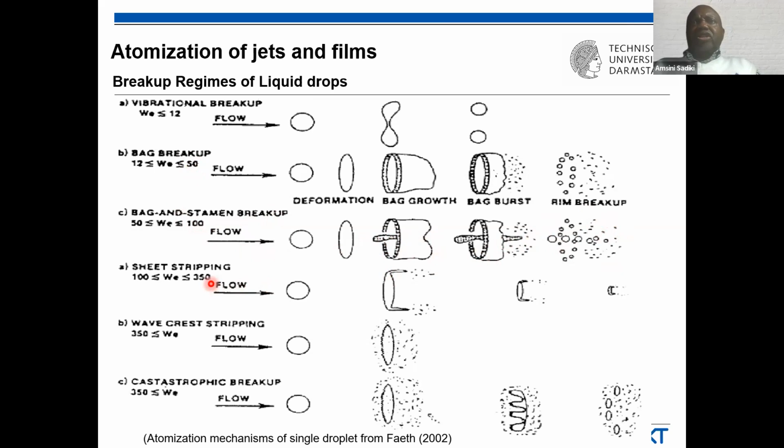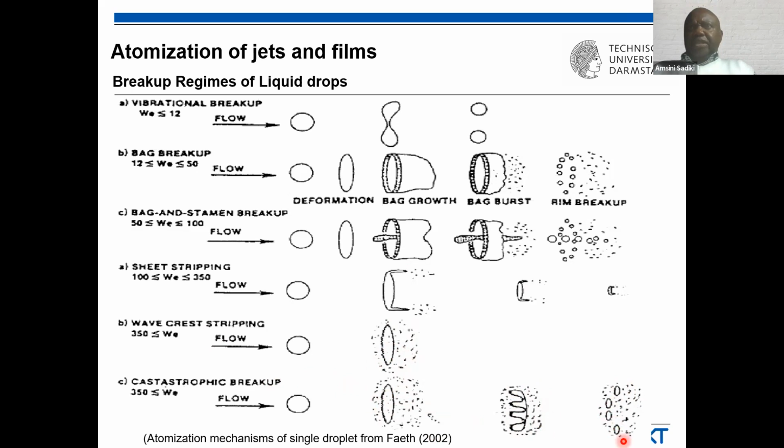We also have sheet stripping between 100 and 300, which then gives rise to this kind of disintegration. The wave crest stripping is this one here, and this disintegrates in a way that we can say is wave development, and the catastrophic one is really this, and it's decomposing, and we have this disintegration of this part giving us these particles.